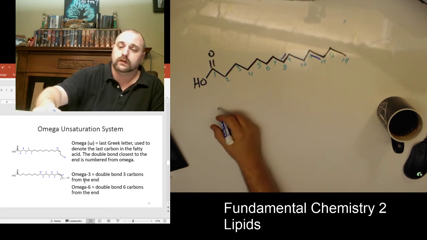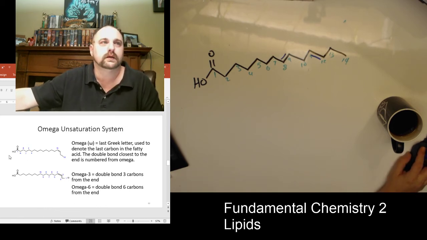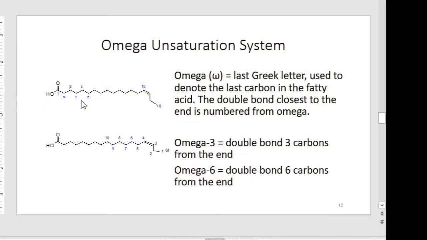And so when you see something saying, hey, you should get some more omega-3, it'll help your memory, that's what they're talking about. It's not really difficult. You just start at the end and you count the carbons. So in this one we can see 1, 2, 3.